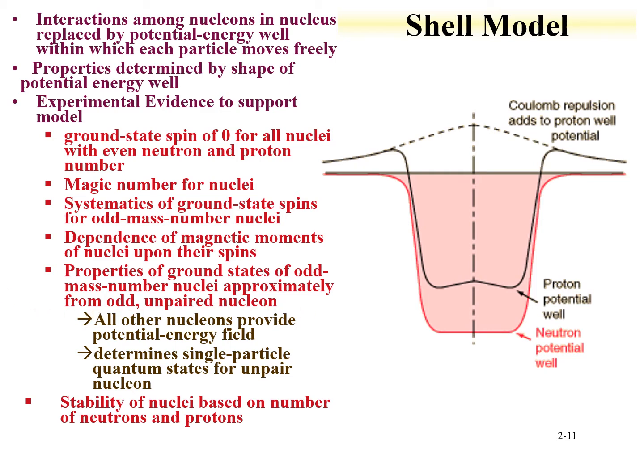For an odd A nucleus, all the nucleons are paired except for one, and that one unpaired single particle provides the properties for the nucleus. That's fundamentally one of the bases of the shell model. Another thing that can be derived is stability of nuclei based upon the number of neutrons and protons.